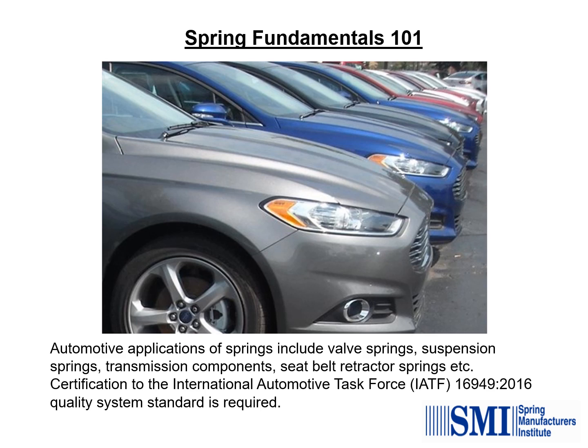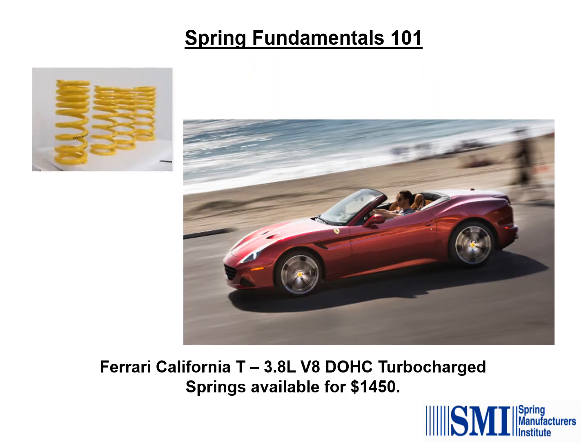16949-2016 is required. Just for fun, for the driving enthusiast, the California is Ferrari's front-engine, 4-seat retractable hardtop GT. This is the most relaxed, civilized, and affordable car in the Ferrari lineup. But with over 500 horsepower and a top speed of nearly 200 miles per hour, the twin-turbo V8 California T is respectable.